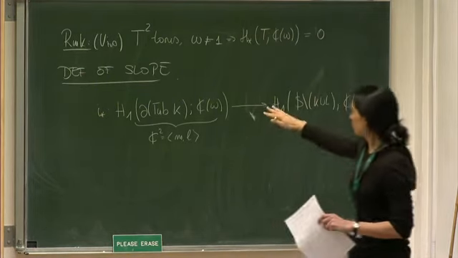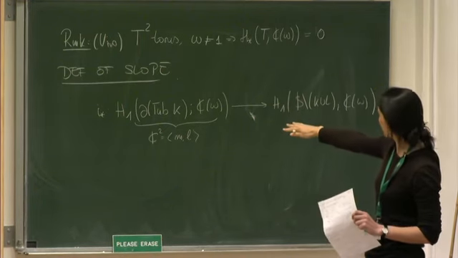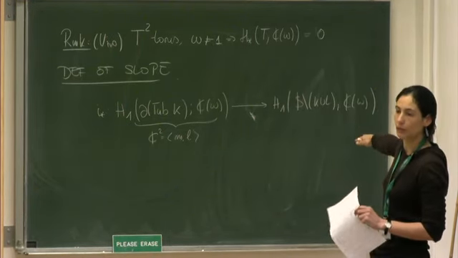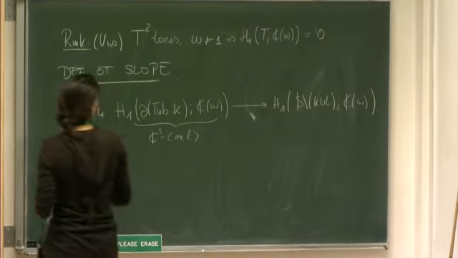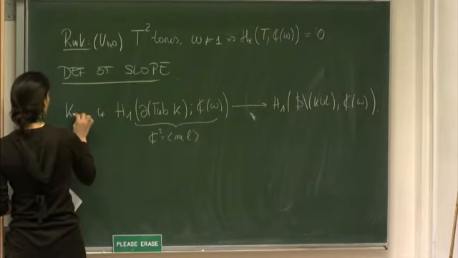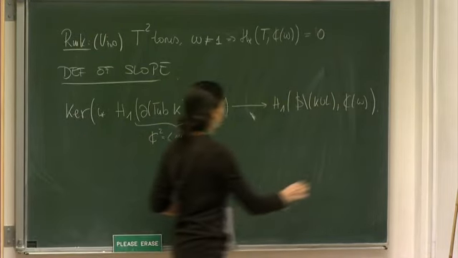So I've got a torus, which is a boundary component of this 3-manifold that has many boundary components. And I want to look at the kernel of this.